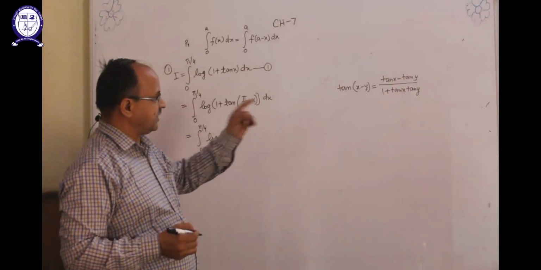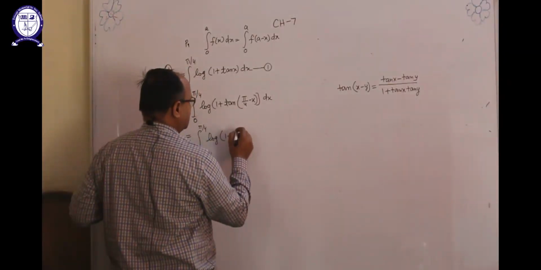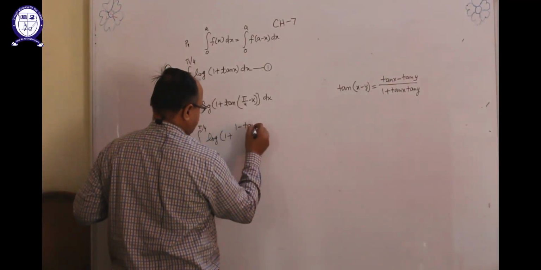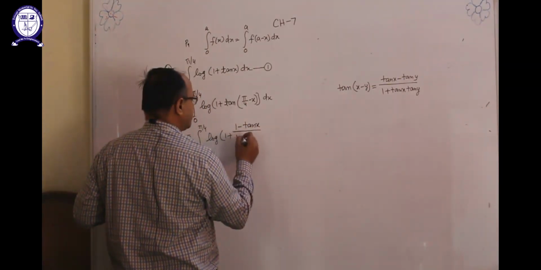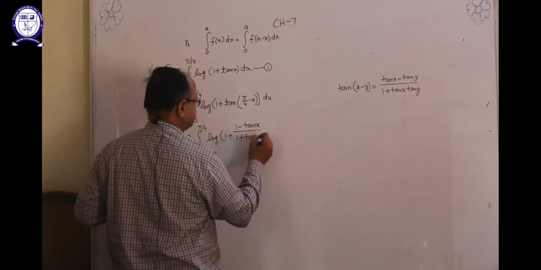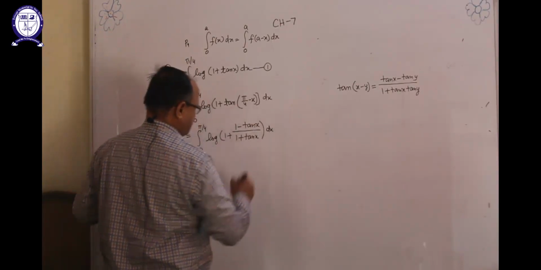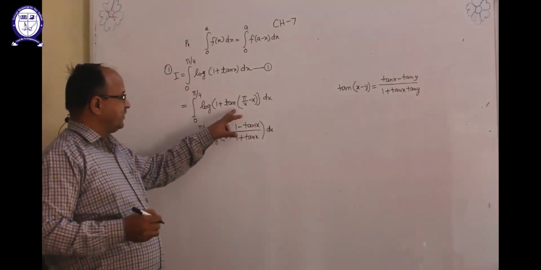According to that formula, you can write here 1 minus tan x upon 1 plus tan x, because you know that tan 45 is 1.